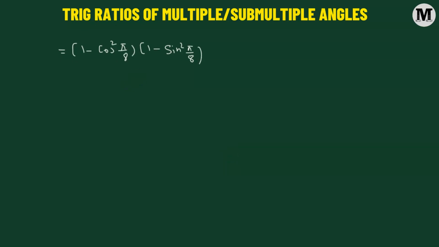Now we will use the standard identity that sine squared theta plus cosine squared theta equals 1, which means that 1 minus cosine squared pi over 8 is going to transform to sine squared pi over 8. And we have 1 minus sine squared pi over 8, which will transform to cosine squared pi over 8. Now we can rewrite it as sine pi over 8 times cosine of pi over 8, whole squared.